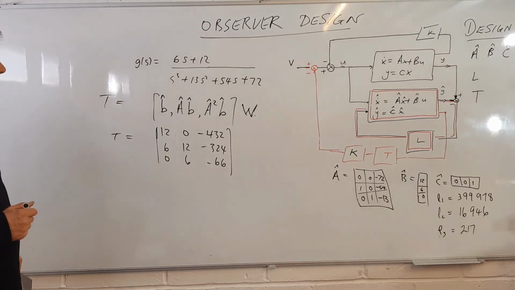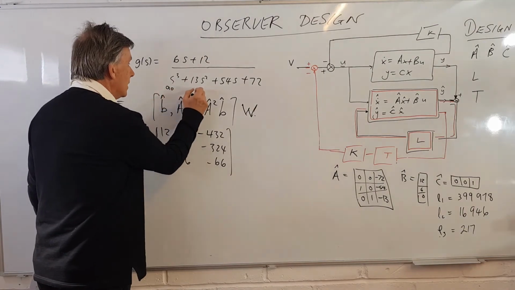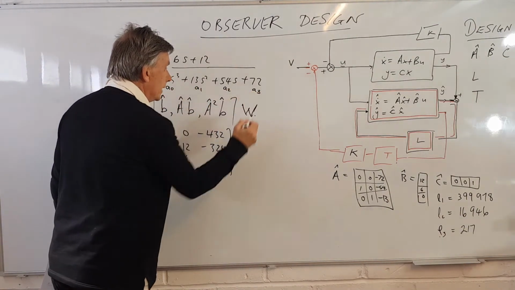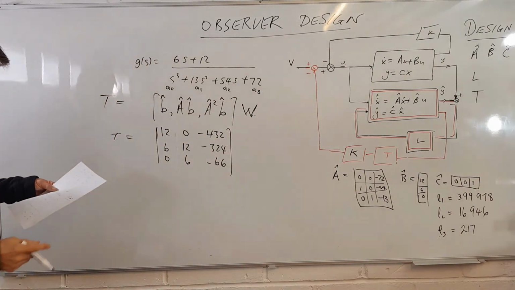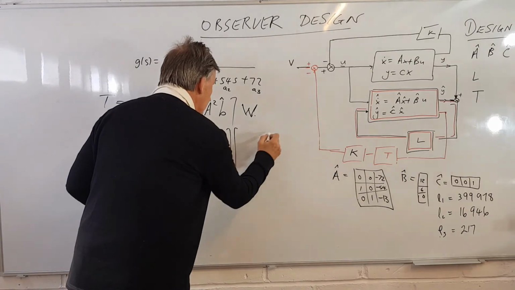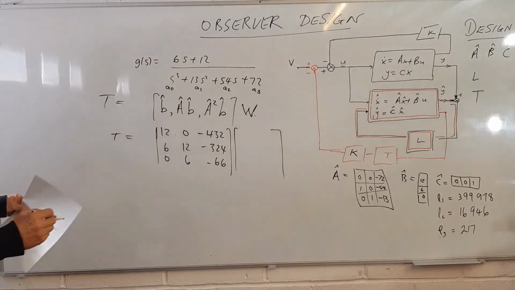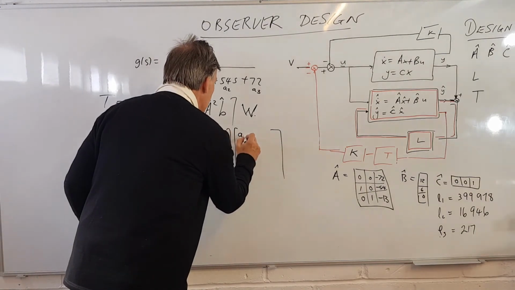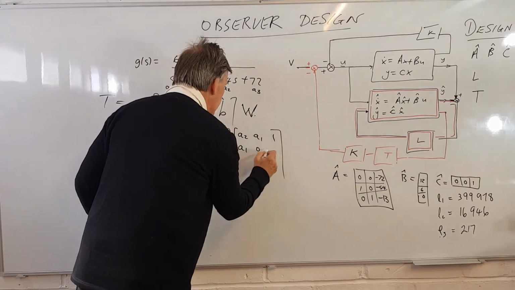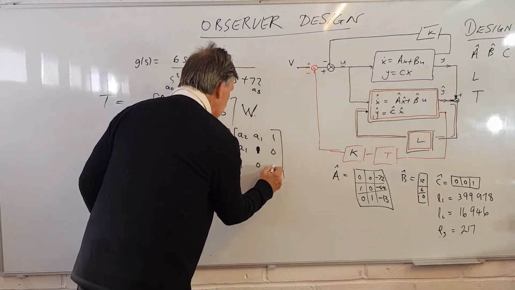Now, the W for this particular system, if we think of this as being A0, A1, A2, and A3, we have to introduce a W matrix in here to finish off the transformation. And this one has A2, A1, 1, A1, 0, 1, 0, 1, 0, 0.